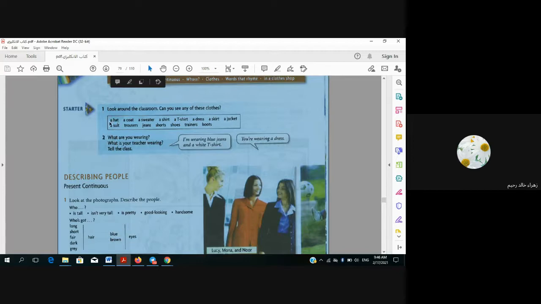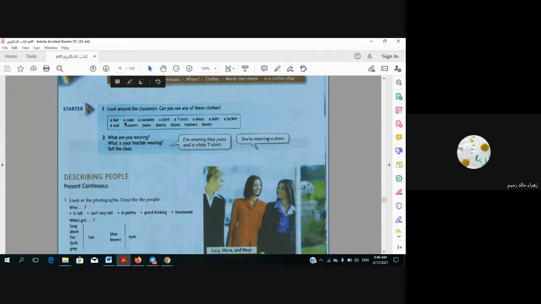What's the meaning of a hat? قبعة. A coat? جاكيت طويل. Yes. A sweater? نورة قصيرة. Yes. A shirt? تيشيرت. قميص. A t-shirt? T-shirt. A dress? A skirt? فستان وتنورة.